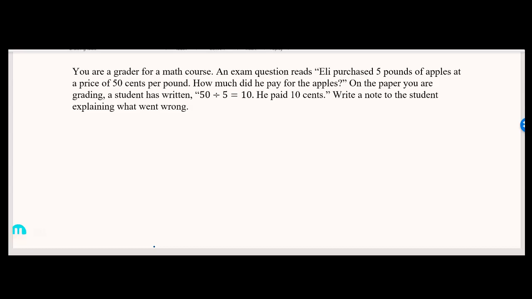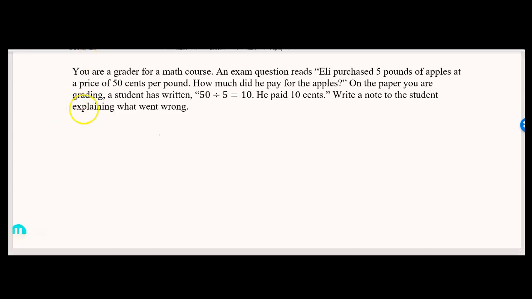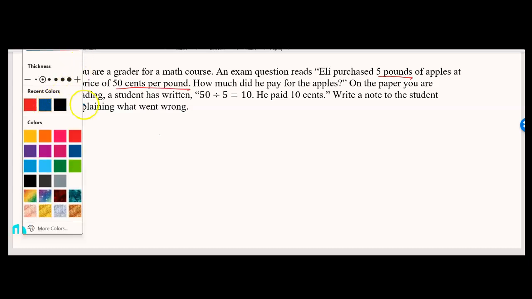All right, well, in this case, let's go back up here and look at what we were given, okay? We were told that he purchased 5 pounds of apples, and it was 50 cents per pound. All right, well, this is very similar to the very first problem that we did when we were looking at the acres. They wanted 1 acre, right, 30 acres, and we had the price per acre, so we multiplied. Well, that's the same thing we're going to do here.